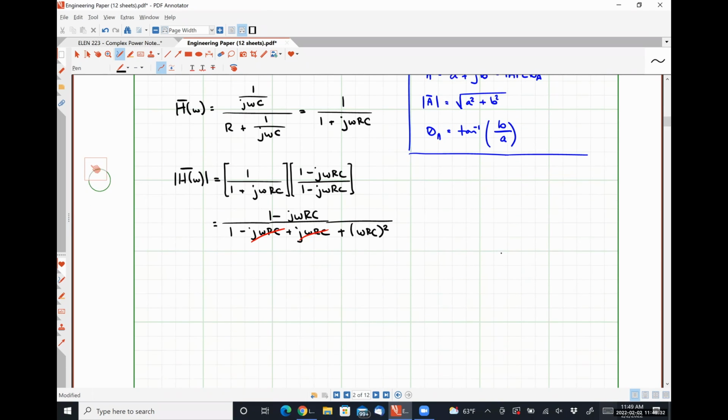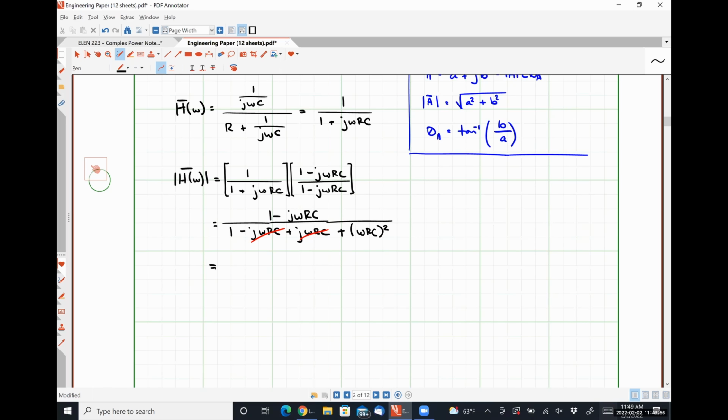And what I'm going to do now is just split this into a rectangular form complex number, where I have a fraction that is a real part and a fraction that is the imaginary part, right? Effectively, I'm just going to distribute this denominator to the real side and the imaginary side of the equation.